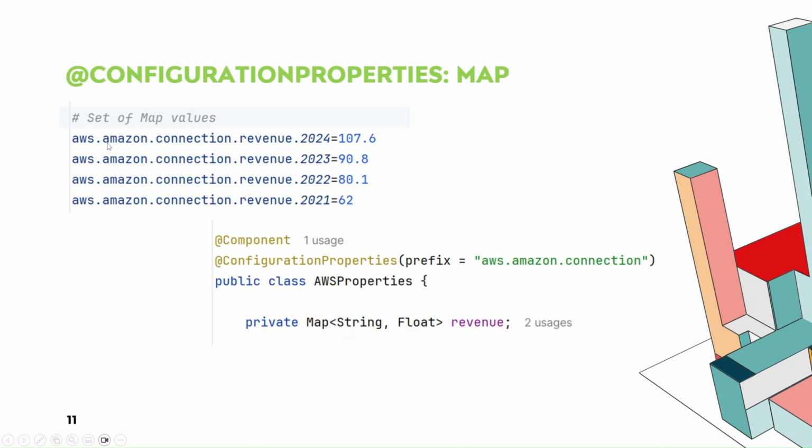Now map. If you look at this map, key value, AWS Amazon connection prefix, no change. Revenue is a variable having key value, meaning string and float. Maybe we can take it as integer and float, but integer to string implicit conversion will happen. So maybe we can put float or double. We'll see. So let's see if we can use integer here.